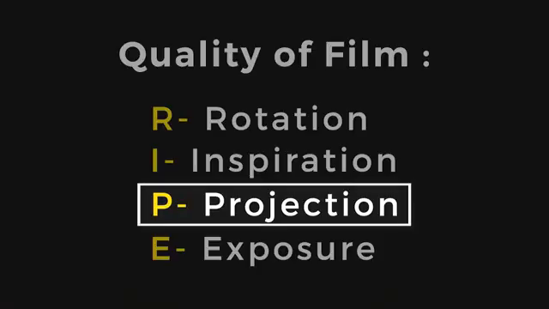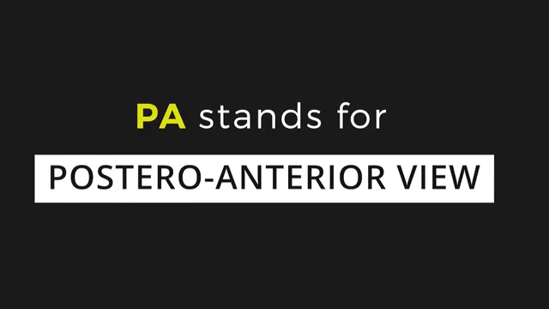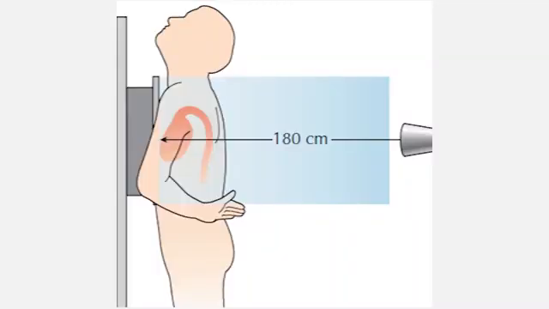Next comes the P in RIPE, which stands for projection, either AP or PA view. Let's understand the concept. PA stands for postero-anterior view. In this, as you can see on this diagram, the X-rays enter through the back, that is the posterior of the patient, to a film cassette which is located in the front, anteriorly, of the patient.